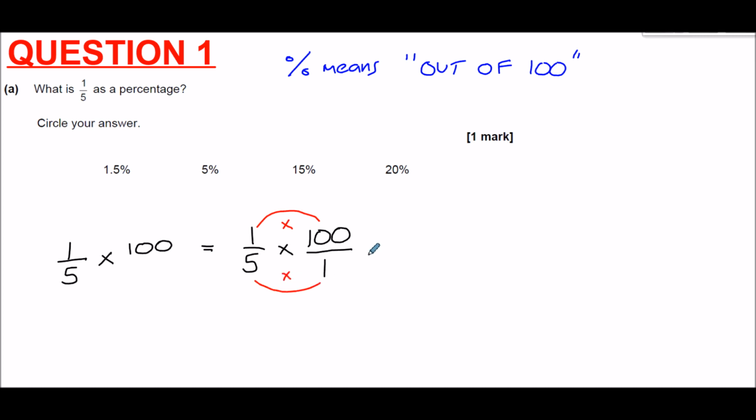So 1 multiplied by 100, the new top number becomes 100. 5 times 1 is 5. And so 100 over 5, which means 100 divided by 5.